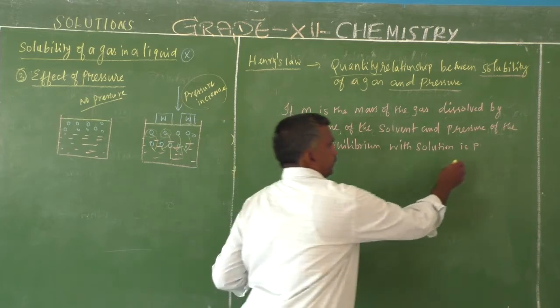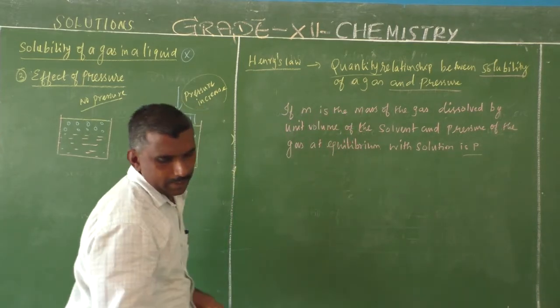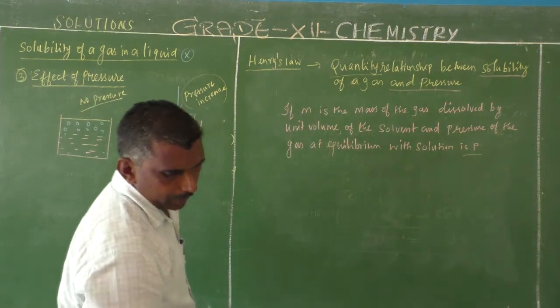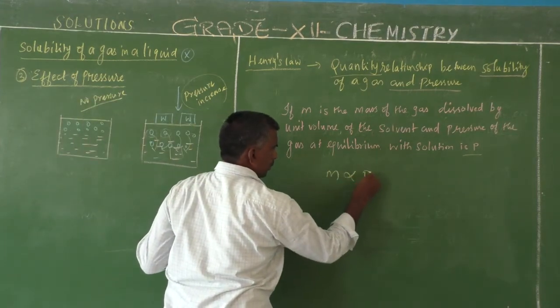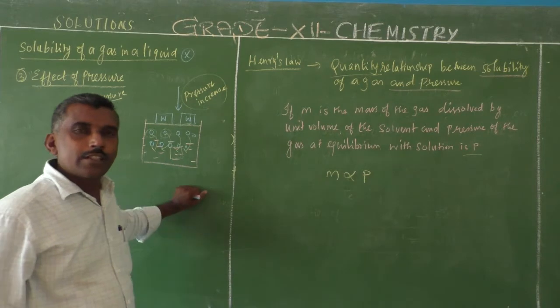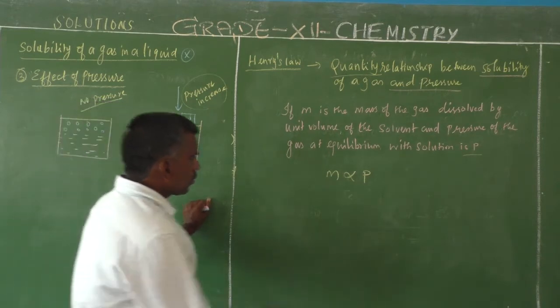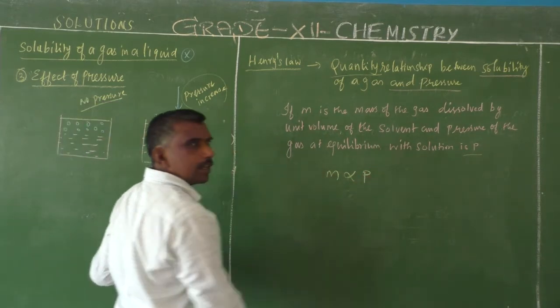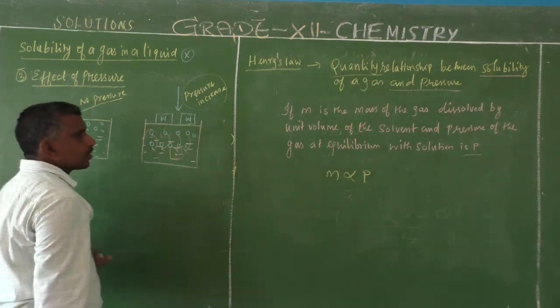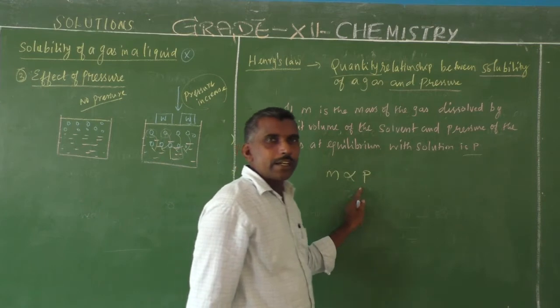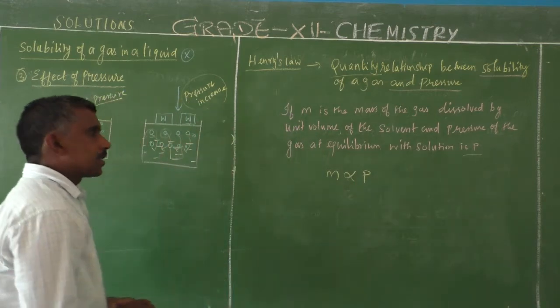The mass is directly proportional to the pressure of the gas. So as pressure increases, the mass of gas dissolving also increases. Mass and pressure are directly proportional to each other.